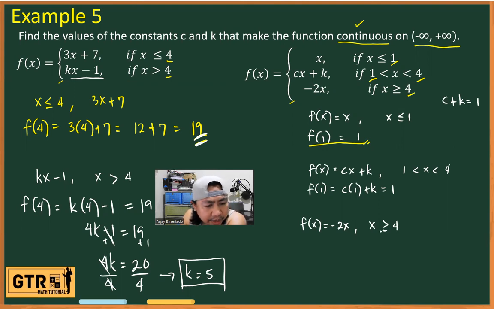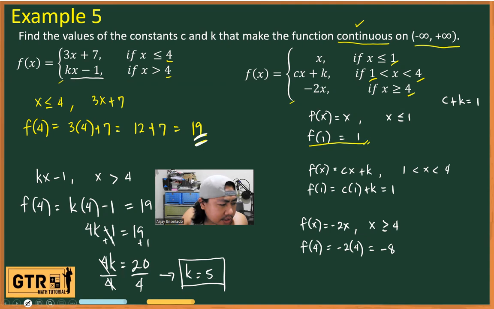Okay? So when x is greater than or equal to 4, so we have f of 4 is equal to negative 2 times 4. So that is equal to f of 4 is equal to negative 8.